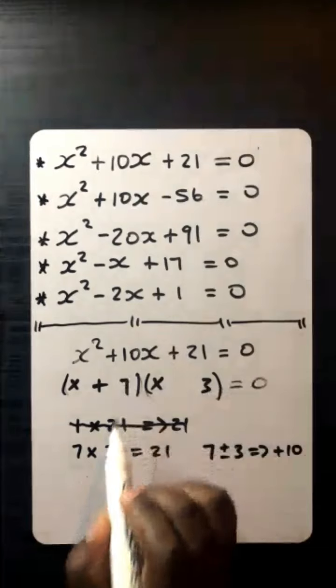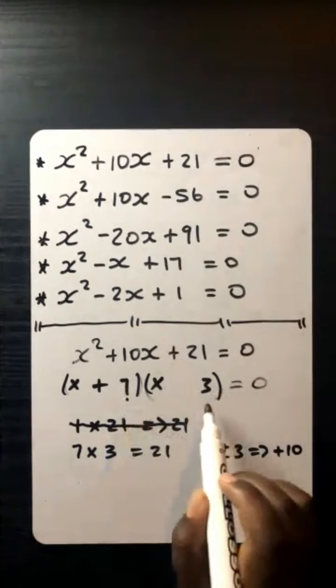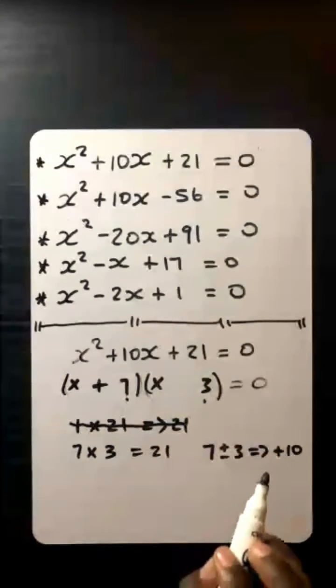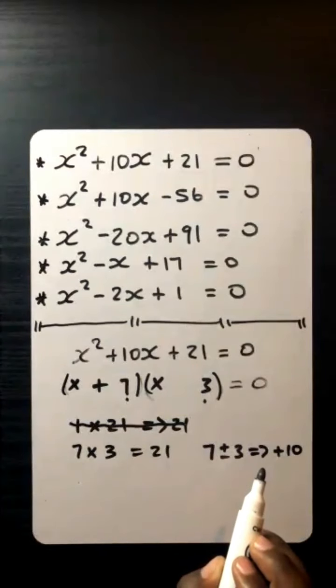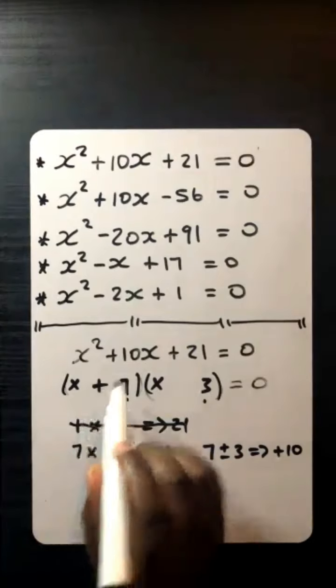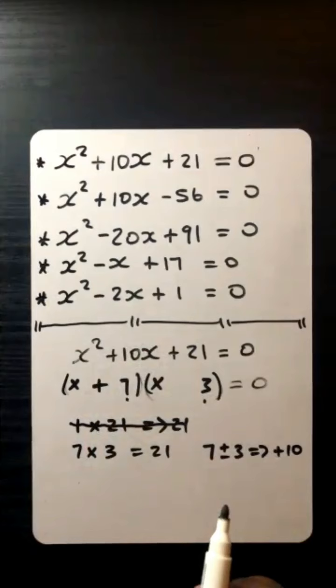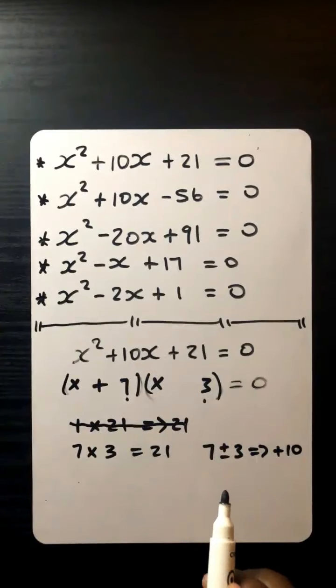After you've identified your two terms, the bigger number takes the sign of the middle term. So this is the step that follows, Shreyas.